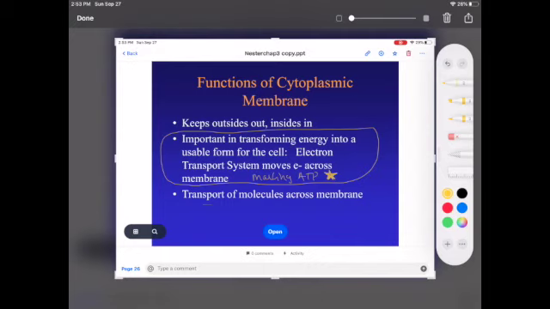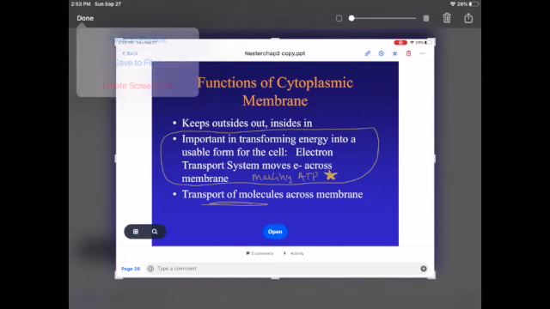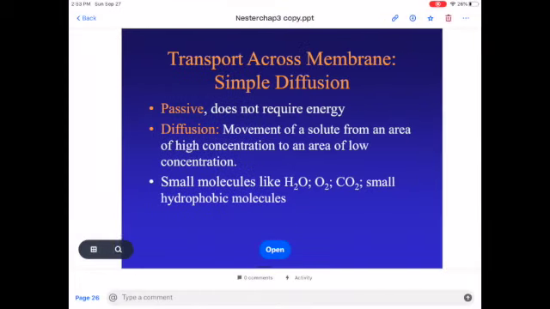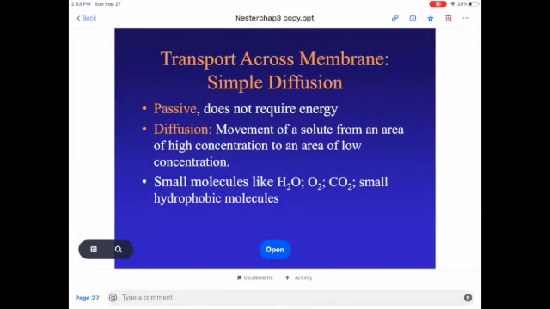And it's important for transporting molecules in and out of the cell. So we have to talk quickly about transport across the membrane. A lot of substances will simply diffuse across the membrane. This is passive. It does not require energy.